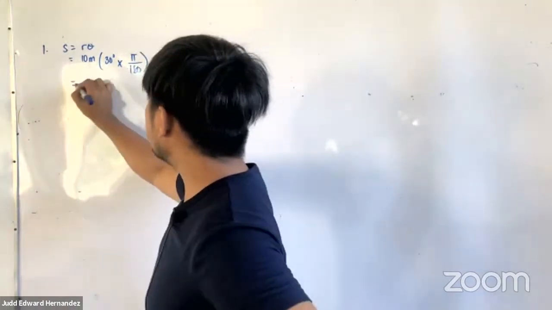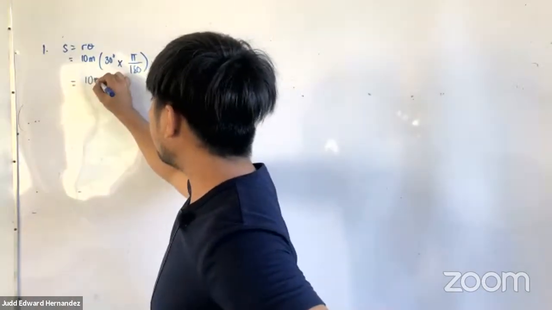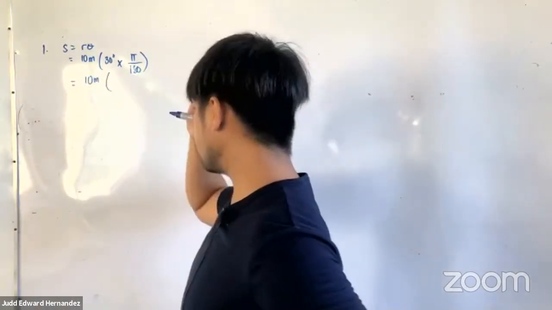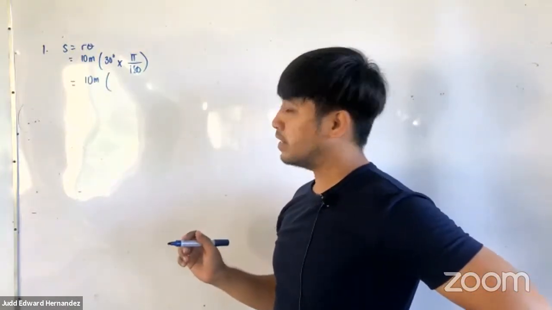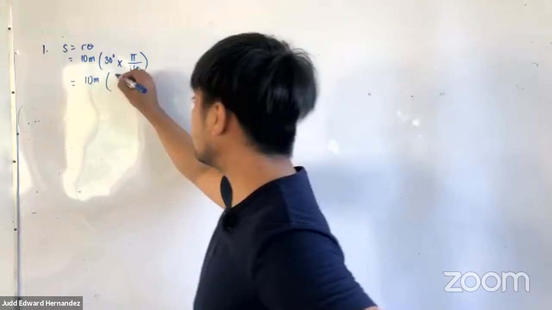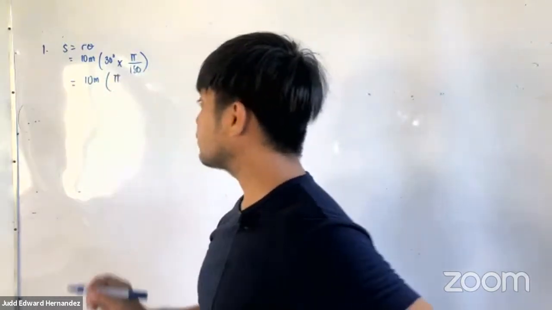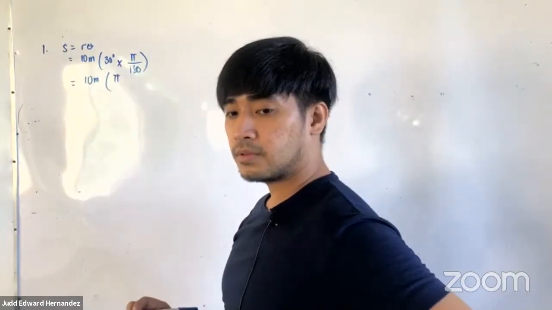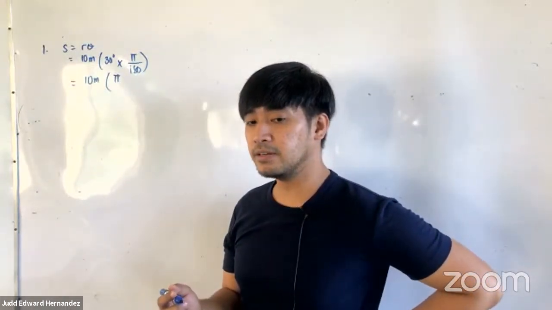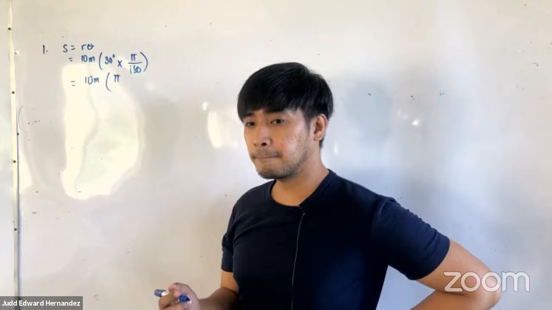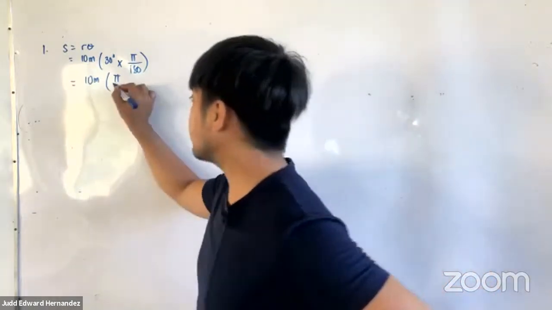And what is 30 times pi over 180? Therefore, that becomes, what is 30 degrees in radians? That becomes pi over? Pi over 6 po. Pi over 6.